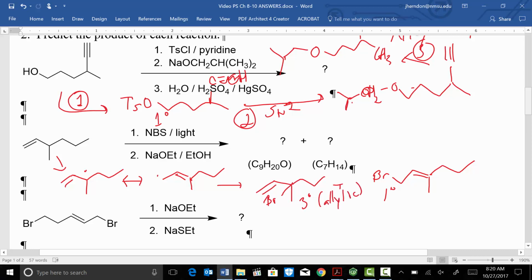Okay, so this is a strong base. So when this does the E2, when it reacts with the tertiary halide, it's going to do the E2. And it's going to make this.